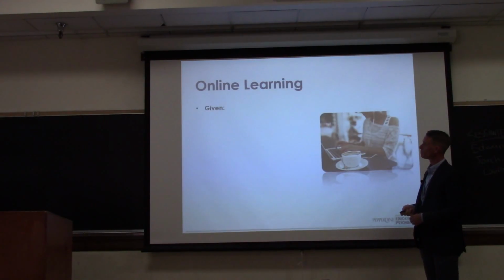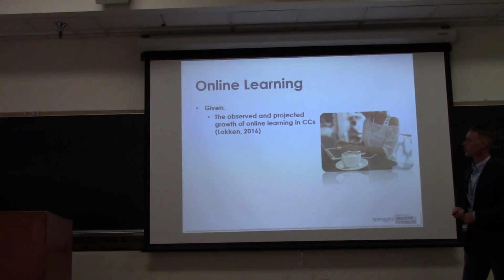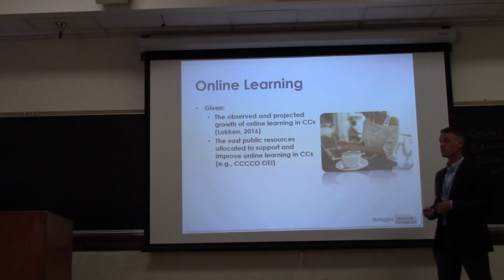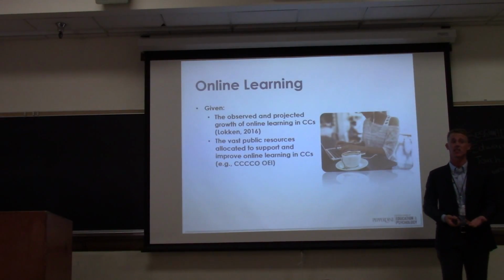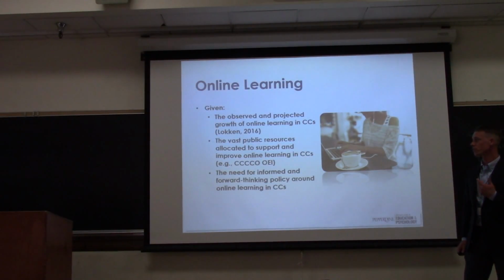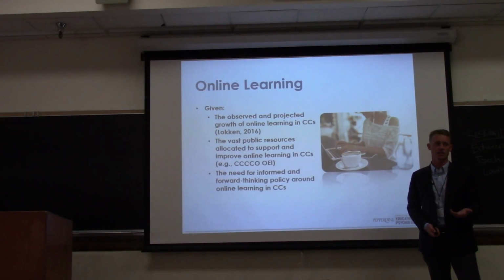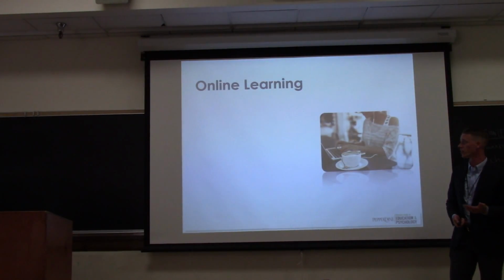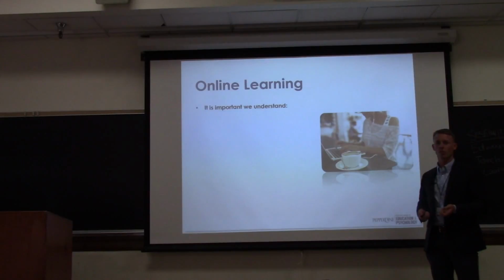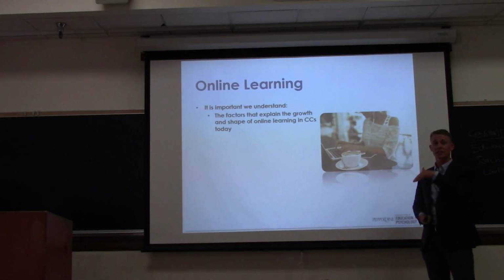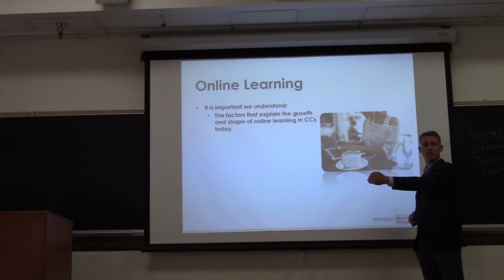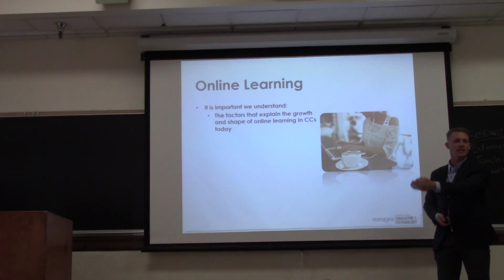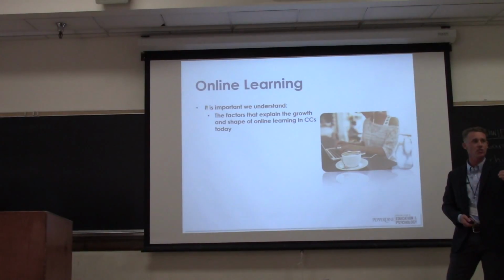Okay? So, given the observed and projected growth in online learning, the vast public resources that have been allocated to support online learning, at least in the state of California, and the need for informed and forward-thinking policy around online learning in the community college sector, I think it's important we understand the factors that explain the observed growth we've seen and the factors that are going to potentially shape online learning in the years ahead, because online learning is not going anywhere despite any sort of negative outcomes associated with it.